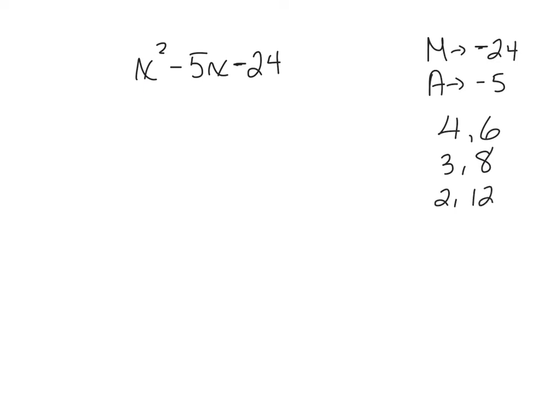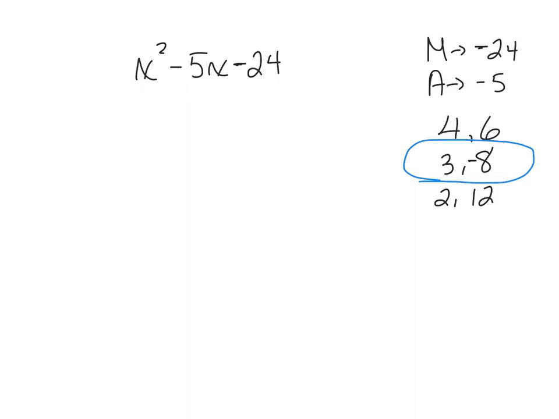When I look at all those pairs, I look for which pair could I add or subtract and get negative 5. So the magic pair right there is here. Now I have to have one of them be negative. Since it has to be negative 5 when you add them, that 8 has to be negative. None of the other pairs work. So those are the two that I have to put into my final answer.